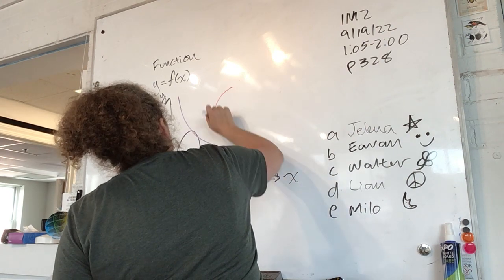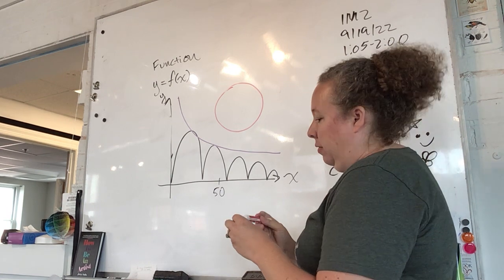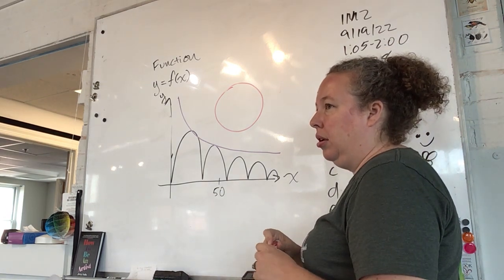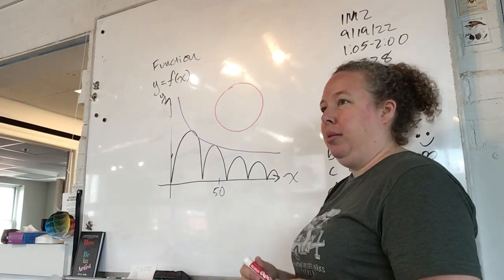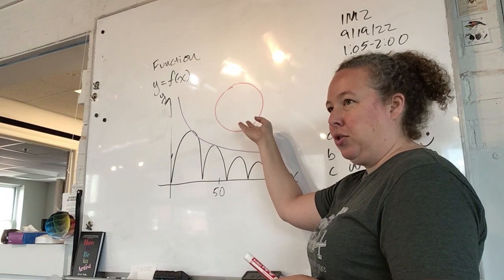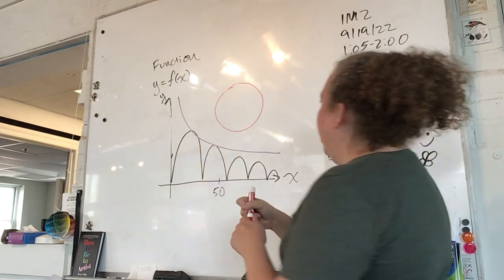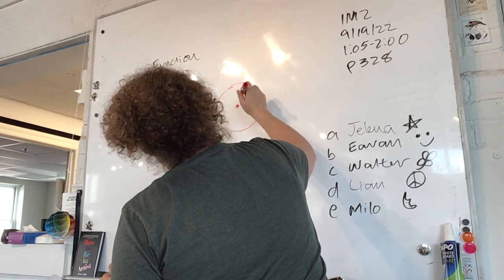And here's another graph that we can do of another shape that's very familiar, a circle. We can graph a circle on the coordinate plane.